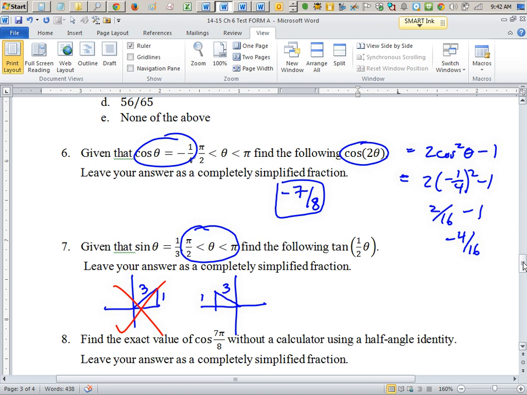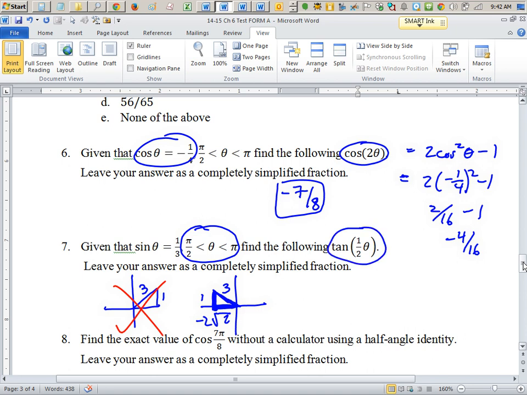So it turns out that this is my drawing, quadrant 2 version, and that means that this is going to be the square root of what's 9 minus 1? 8, right? So this is square root of 8. So I'm going to write 2 root 2, and it's negative because it's on the left. Okay, now I'm ready to answer the question.